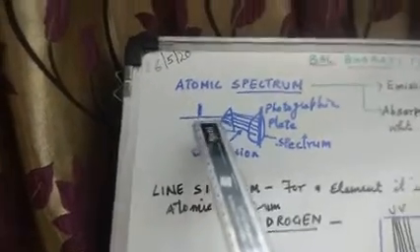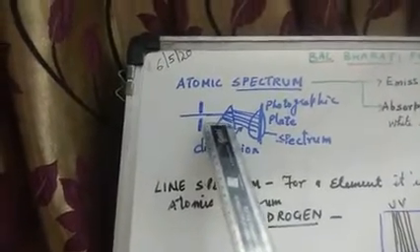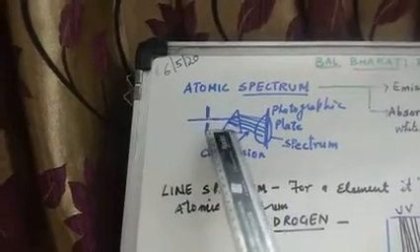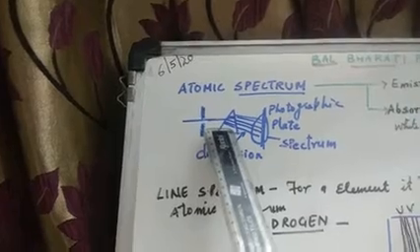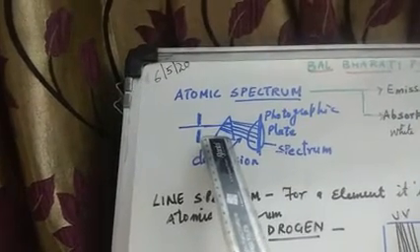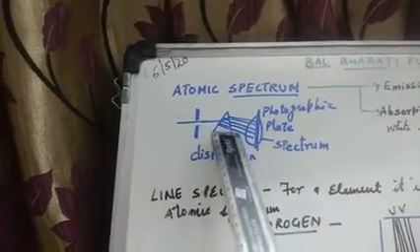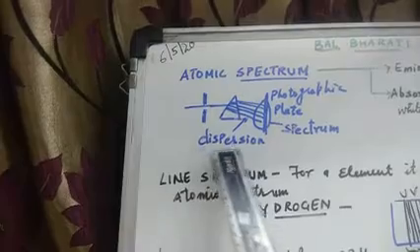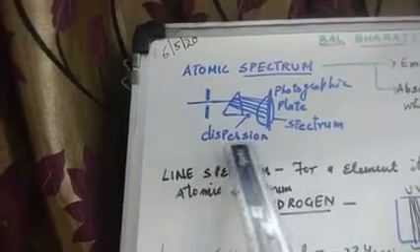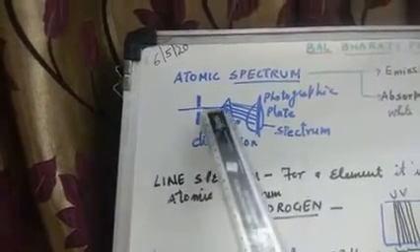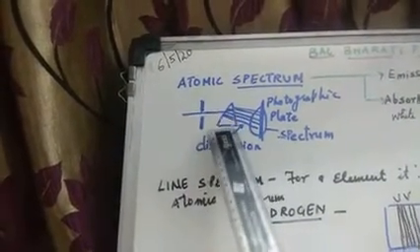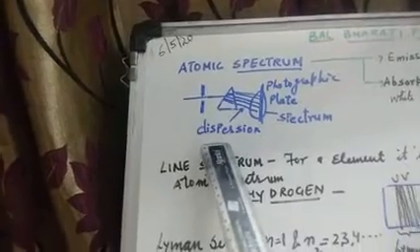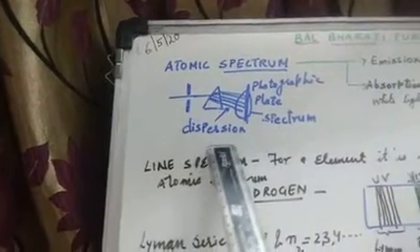So what is happening here? Splitting of light, one light into many other radiation of different wavelength. This phenomena we call as dispersion. This is not spectrum, students. This splitting of white light into many colors, we call this phenomena as dispersion.